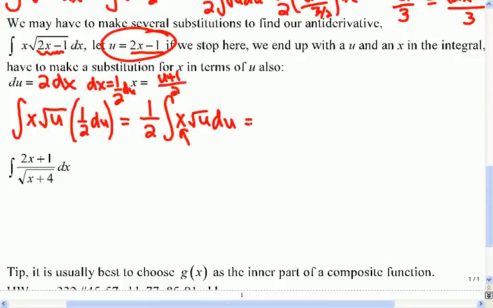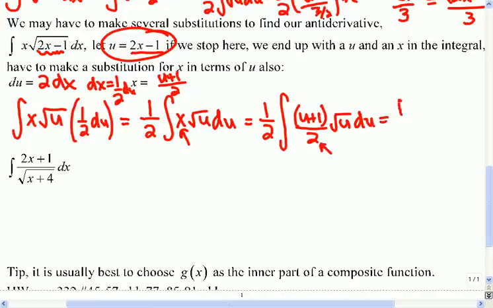So that's how I get rid of that piece I'm not looking for. So u plus 1 over 2. And I'll get rid of that half on the bottom. I'll move that outside. And this is actually what I end up with, which is going to be a lot better to work with.